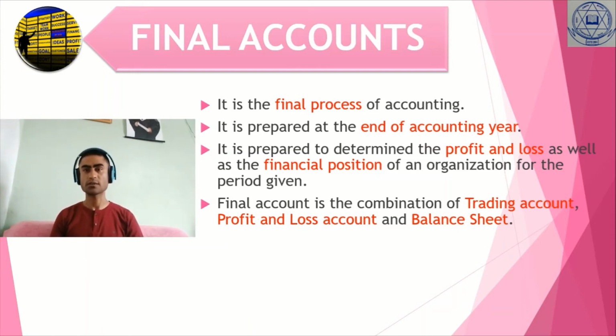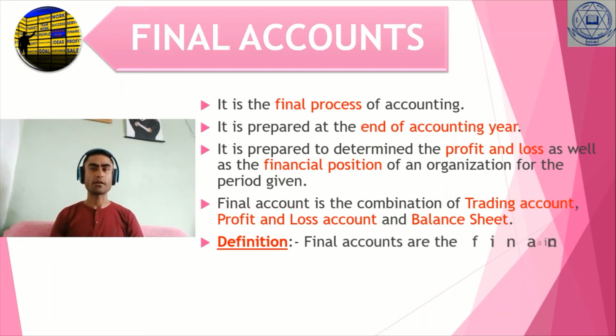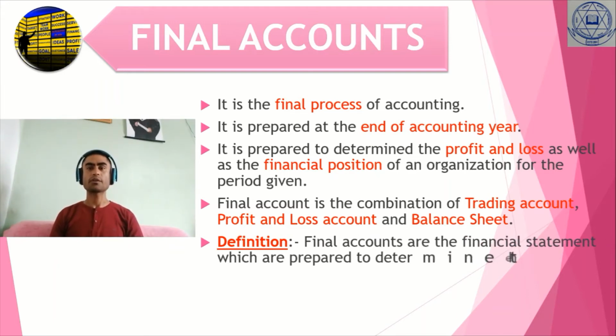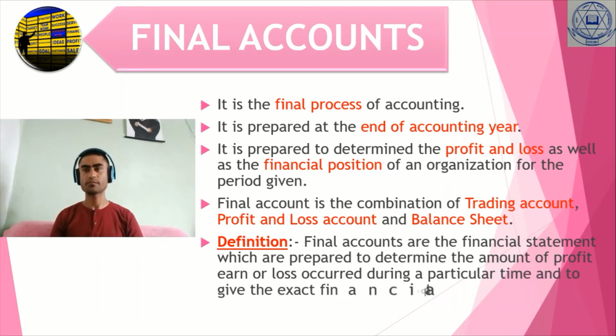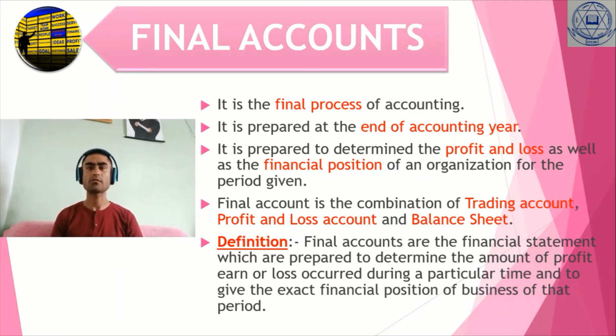In this account, we generally keep a record of indirect income and indirect expenses. The profit and loss account helps to find out the net profit or net loss of the organization for a given period.